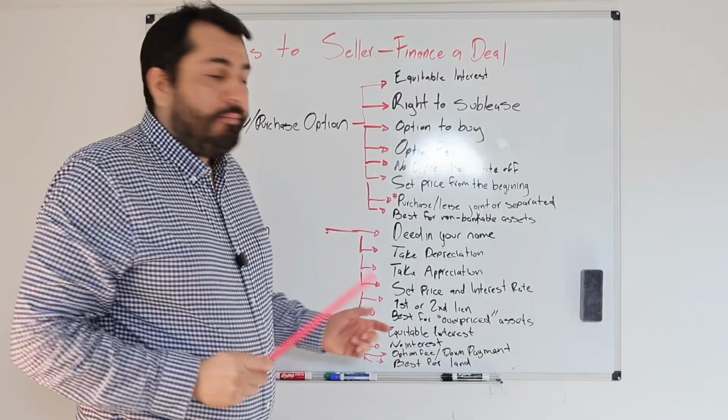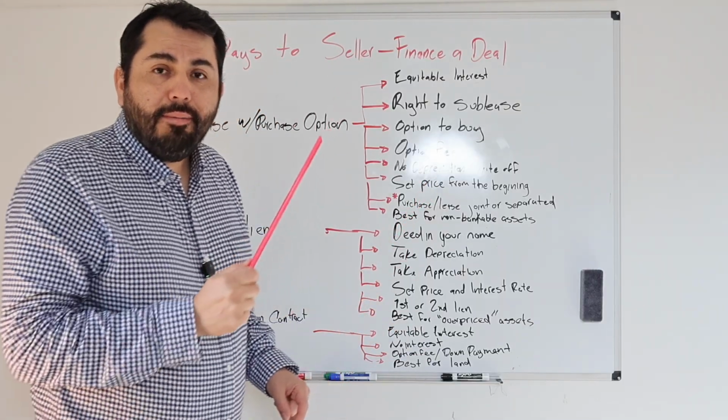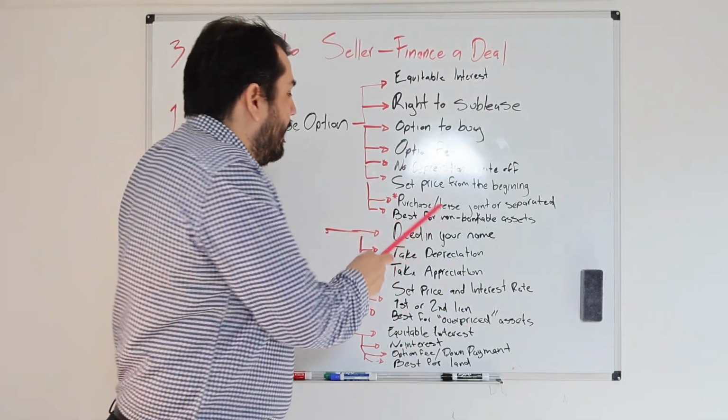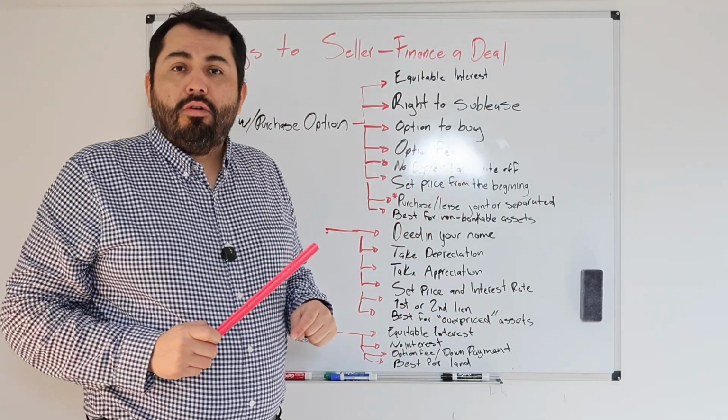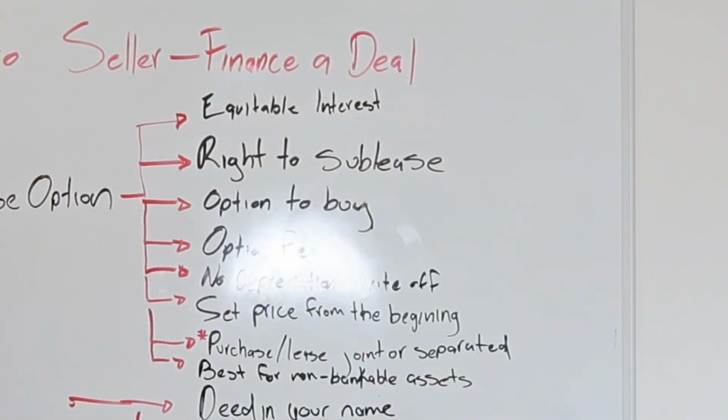Here's a tip. You can make one contract, the lease agreement, and then in the clauses of that contract, you make a purchase option. That's one way to do it. But the other way is you make 2 contracts. You make one lease agreement, and then you make another purchase agreement or option agreement.